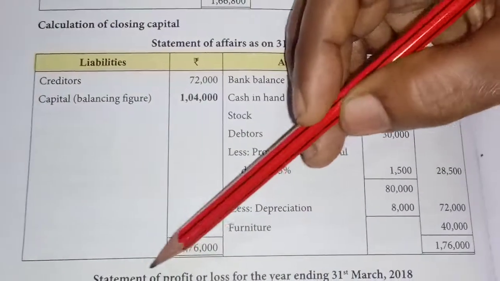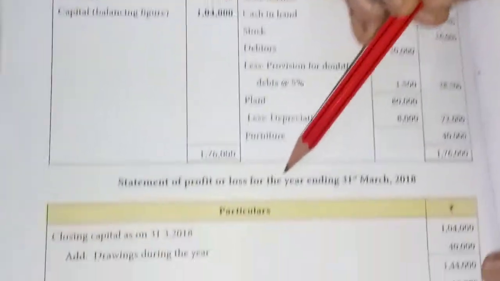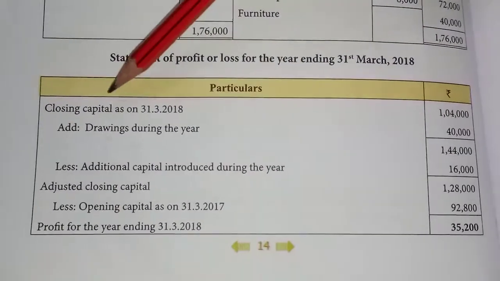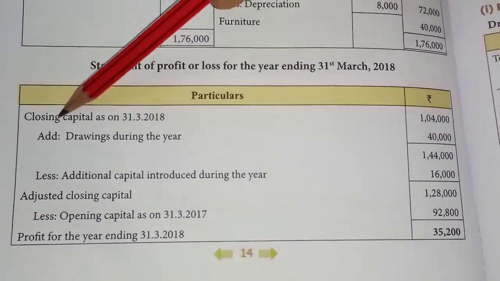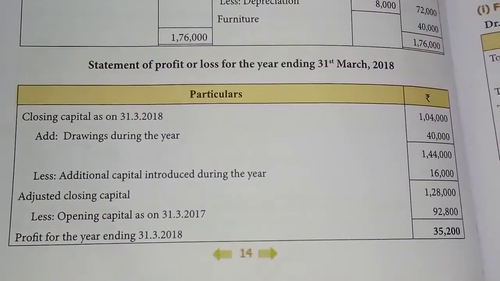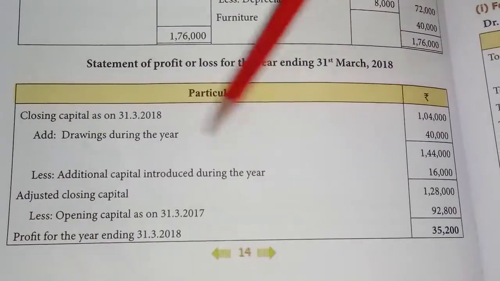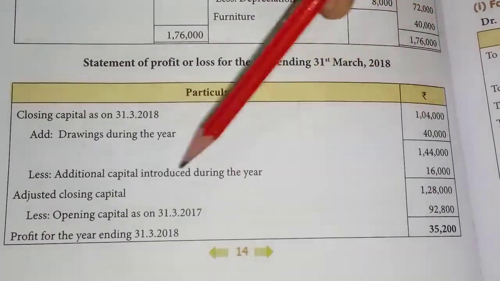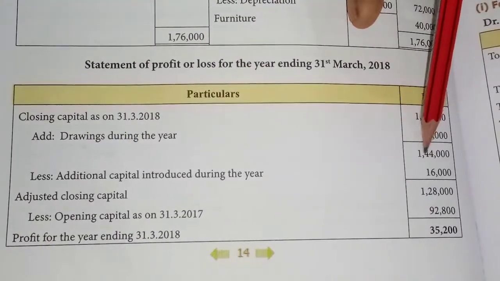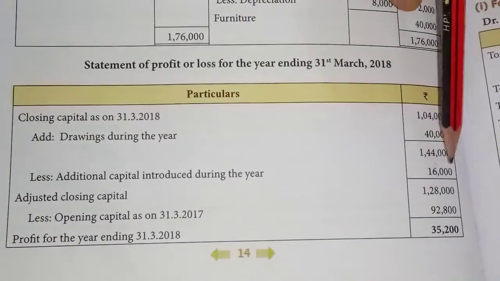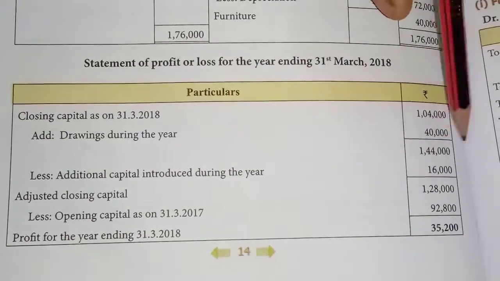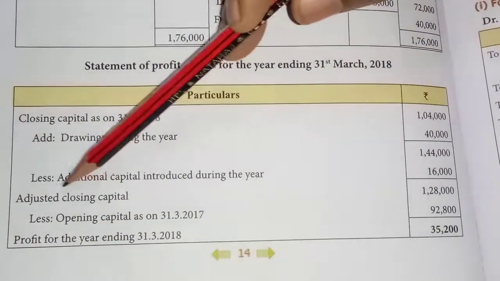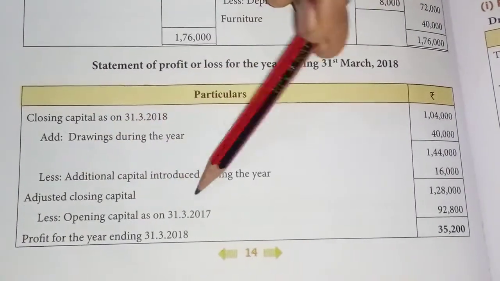Now the third statement, statement of profit or loss for the year ending 31st March 2018. Particulars, rupees, then closing capital 1,04,000, this amount. Then the second statement, add drawings 40,000, and write less additional capital 16,000, deduct and write 1,20,000, straight to 1,20,000 you write adjusted closing capital.